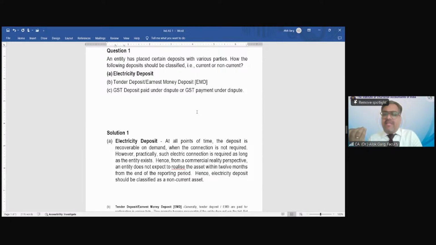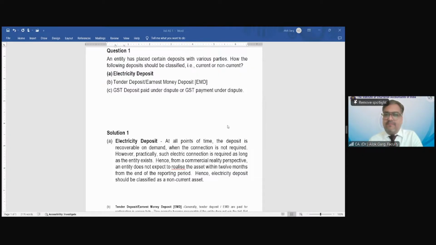To continue with this example, let's say the bid is not going to open after 1 year, 3 months, but after 10 months. So on 28th February 2025, you have paid the money. Now the bid is going to open after 10 months, which means on 31st March 2025 the remaining period is 9 months.